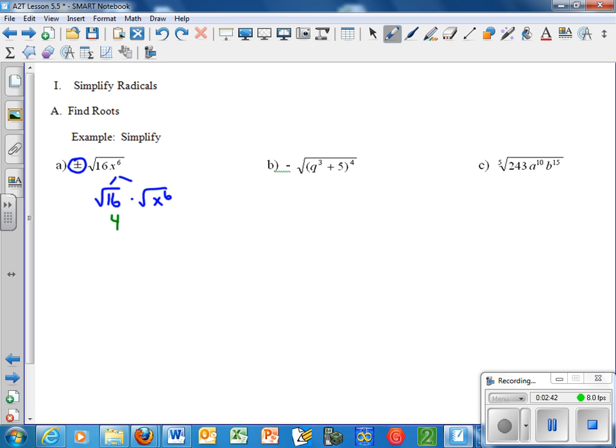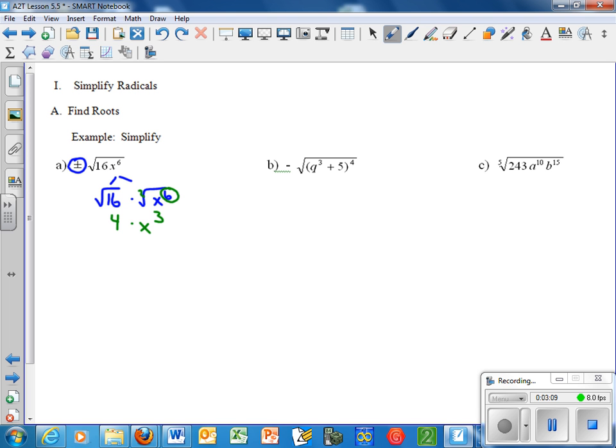X to the 6th is a perfect square. There are some ways of simplifying x to the 6th. If it's the square root, which is what this index of 2 means, and this exponent is even, the square root of x to the 6th will be x to the 3rd. A way of getting that is to take the power on x inside the radical, 6, divided by the index, 2.